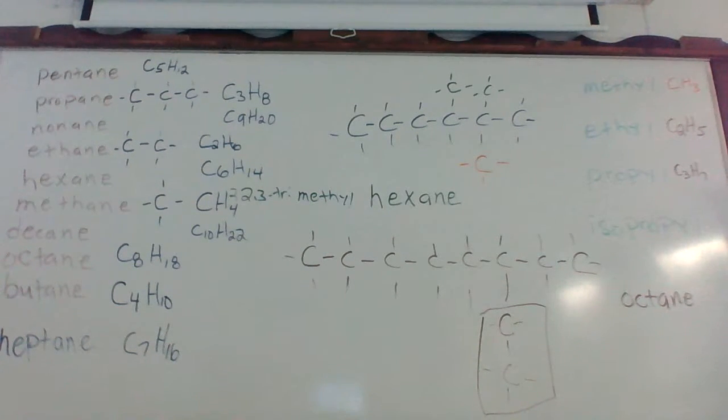Eventually, these have to be placed into, maybe that's in step 3. Nope, it's in step 2. Add the names of the alkyl groups in the front of the name of the parent hydrocarbon in alphabetical order. So if you had all 3 of these, which one is going to come first alphabetically?